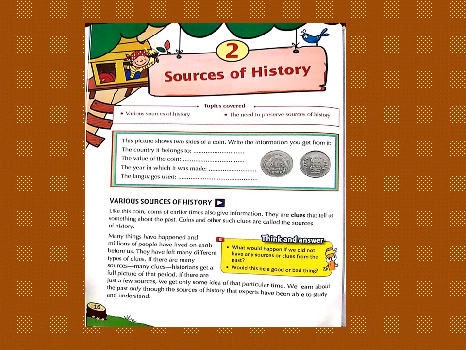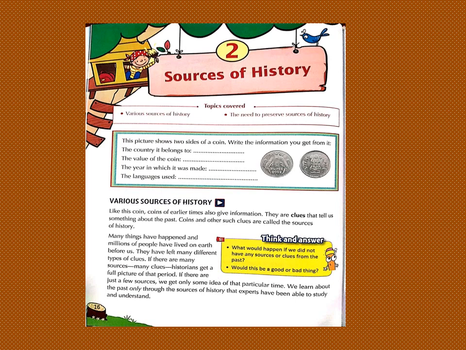If there are just a few sources, we get only some idea of that particular time. We learn about the past only through the sources of history that experts have been able to study and understand. So if the historians, the expert people, can study and understand what clues or hints we are getting from those sources of the past, it will be easy for us to know the life of that time.